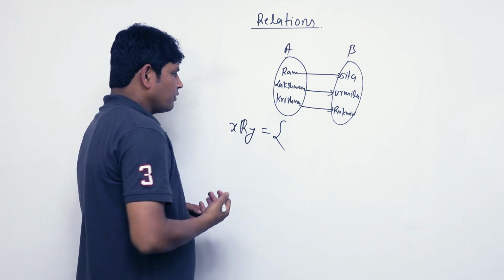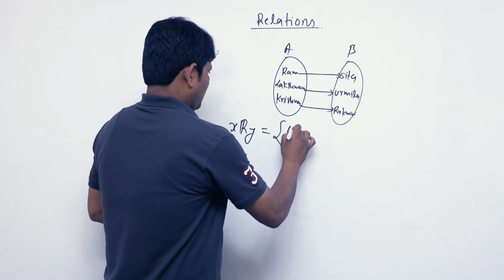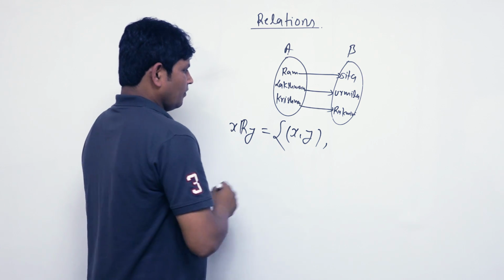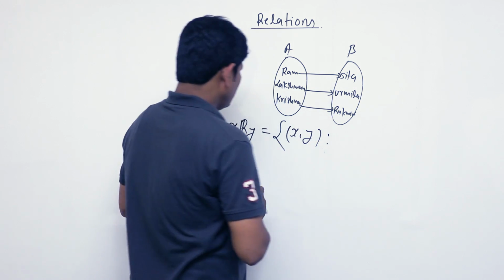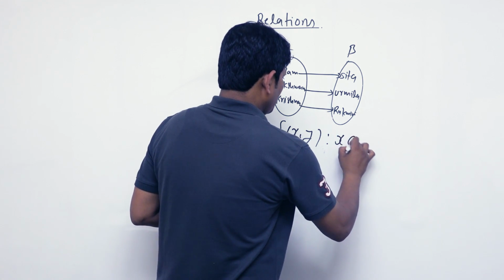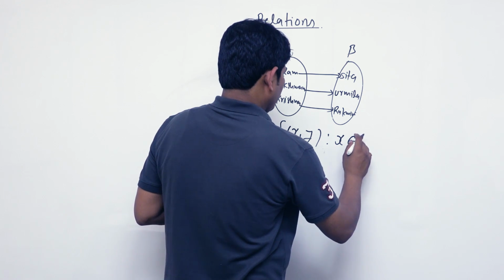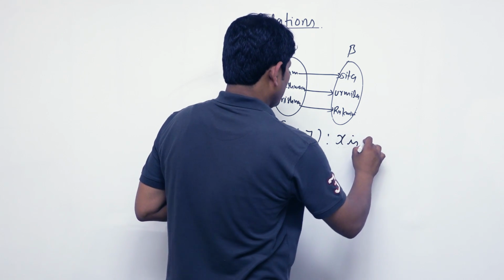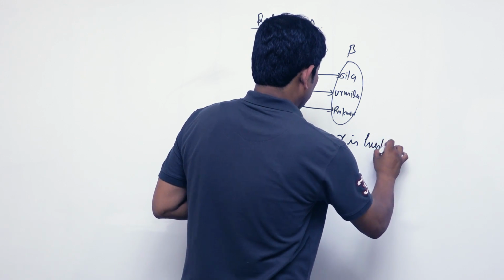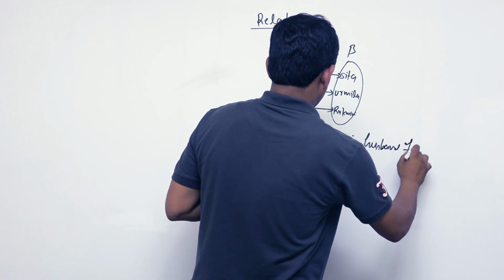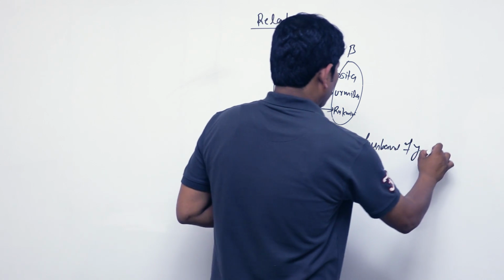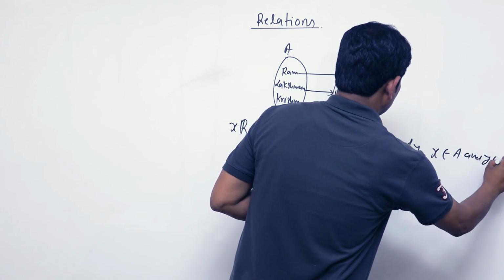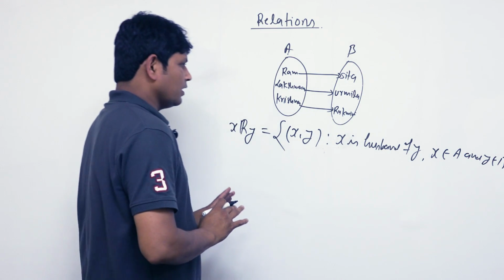First write in the set builder form: X, Y such that X is husband of Y and X belongs to A and Y belongs to B. This is called the set builder form.